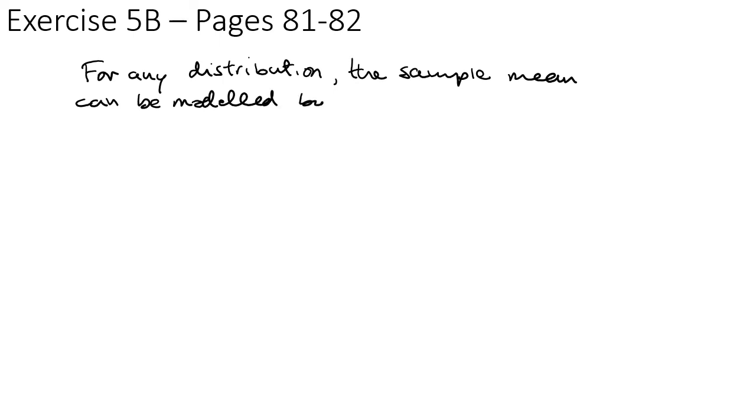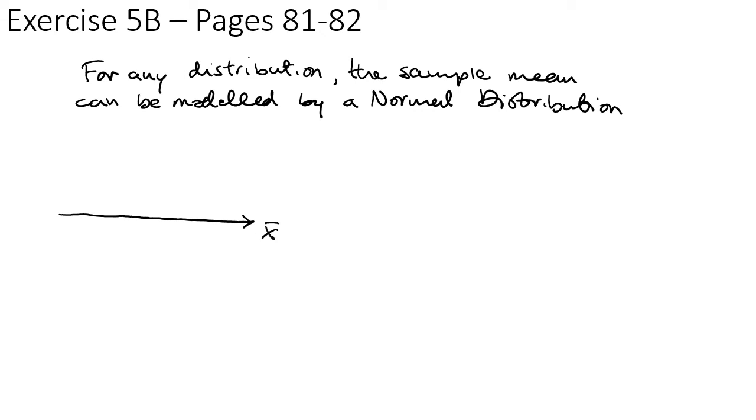For any distribution, the sample mean can be modelled by a normal distribution. So that means we will have something like this, where the mean of this is going to be the mean of the population.